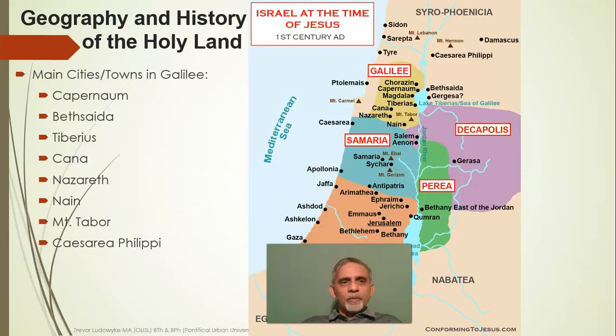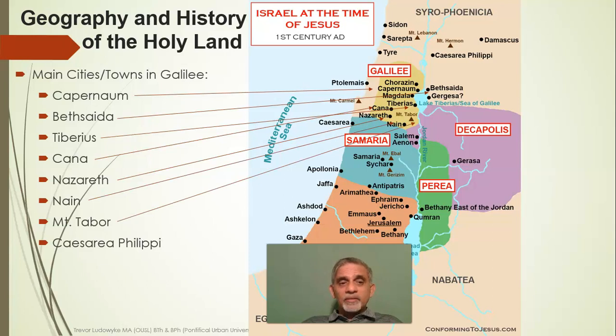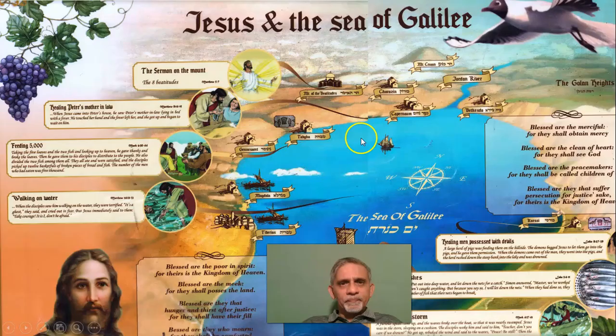Then we come to the main cities and towns in Galilee, some of these important ones which you already talked about. Again, Capernaum is there, Bethsaida, Tiberias, Cana, Nazareth, Nain, Mount Tabor, and Caesarea Philippi is right up there, all around the Sea of Galilee. This is a very important area.